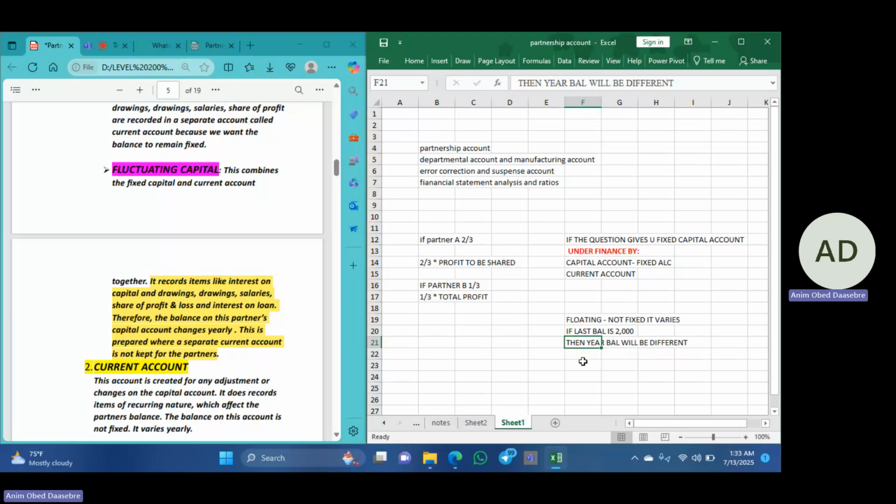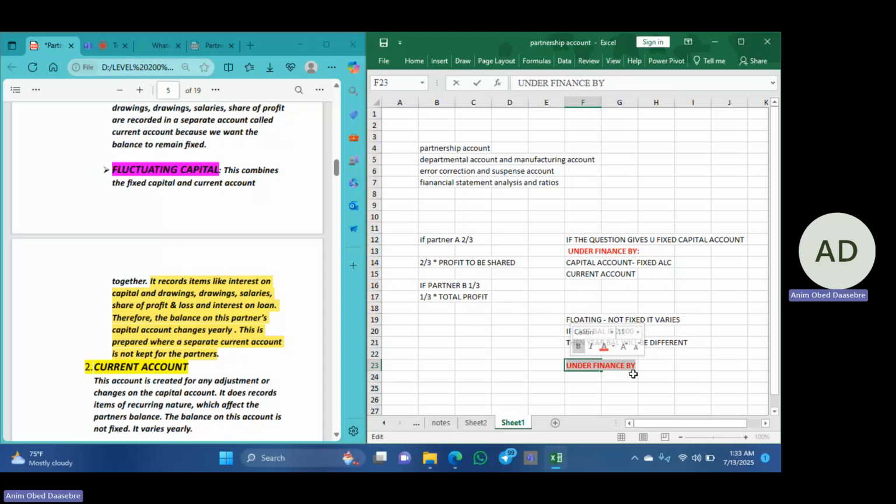Do you get it? So under finance by, we say that we will record only the capital accounts.